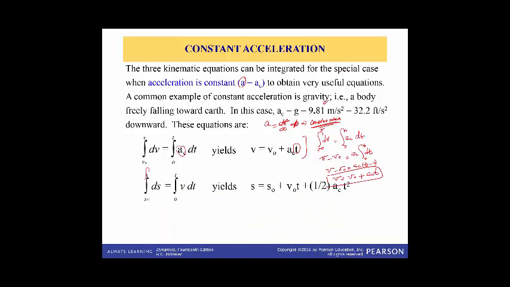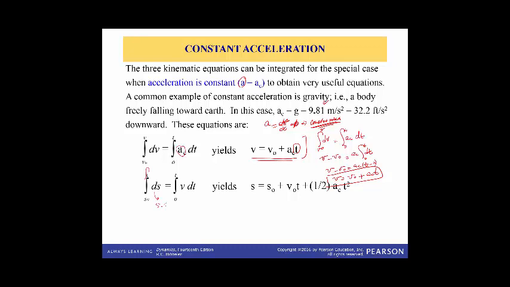Okay. So if we have the terms combined with the velocity, then here we have s instead of v, so this would be one expression. Here we have ds, from s0 to s.